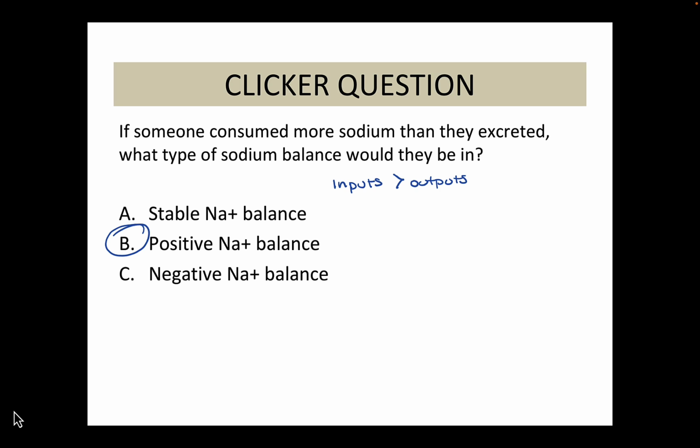Now, in the case of sodium, positive sodium balance would lead to increased ECF volume and increased blood pressure. And then we wonder why high blood pressure or hypertension is such a widespread issue.